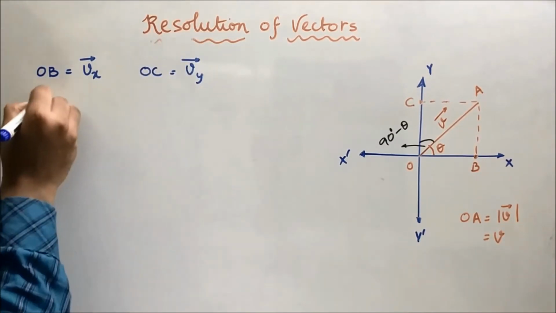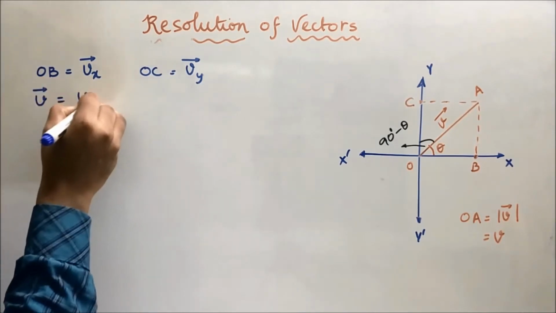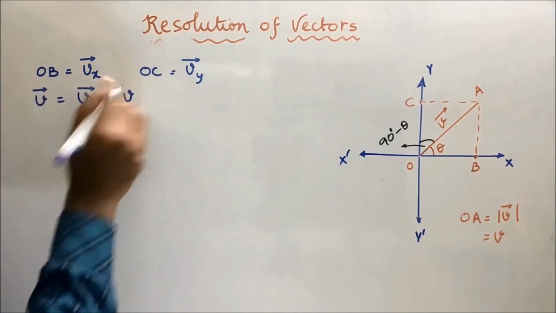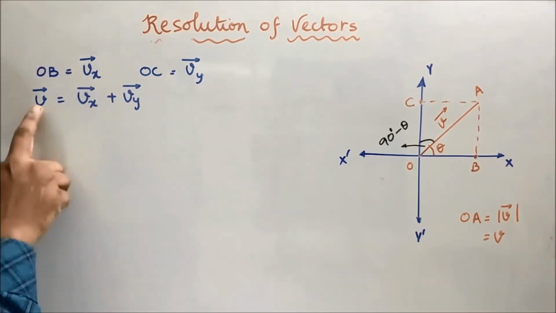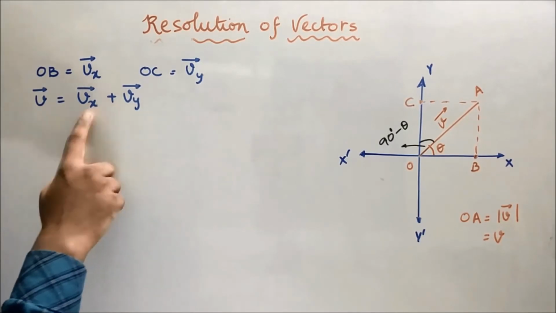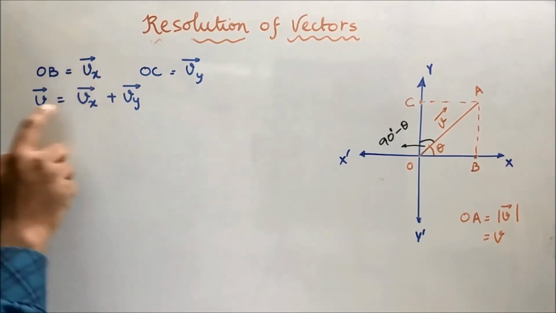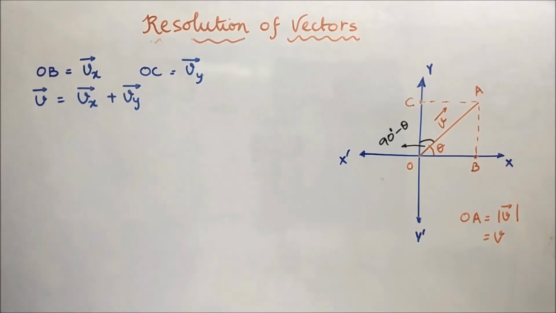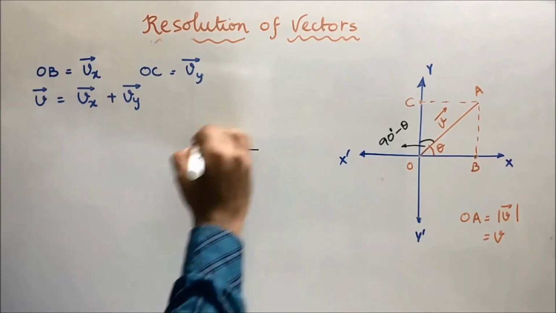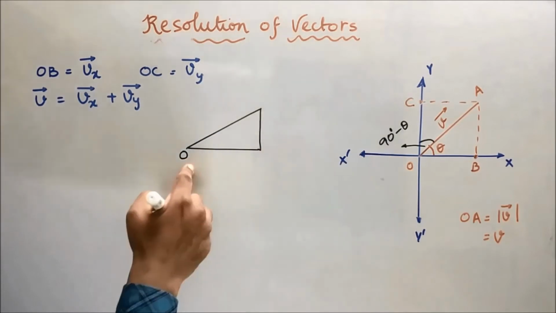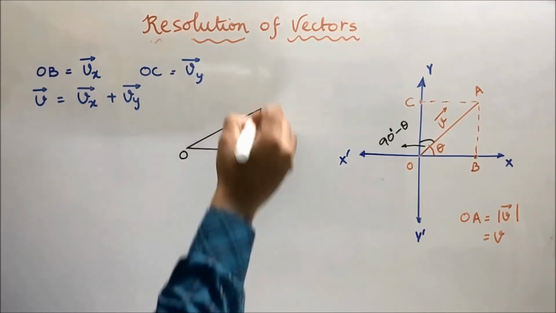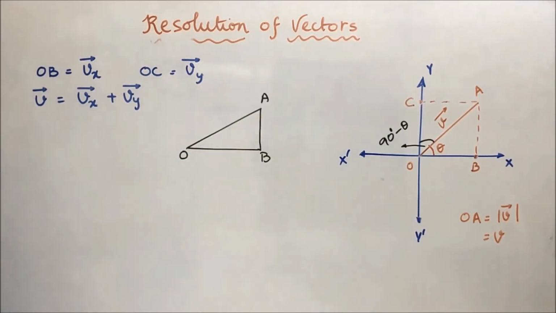That means vector V is equal to Vx plus Vy. So the vector is V and its components are Vx and Vy. When I add both, that is going to be V. Now, if you see that figure, you can clearly see a right-angled triangle where O, B and A are its vertices.